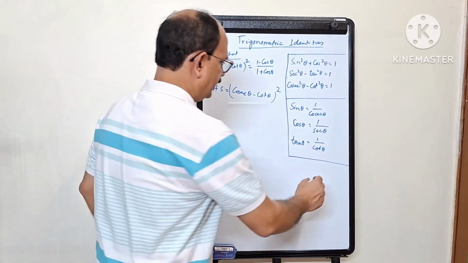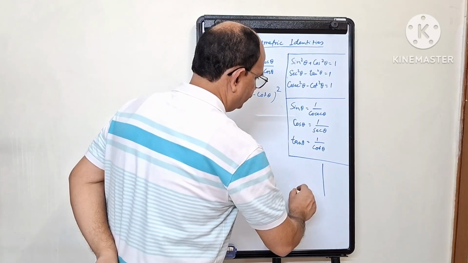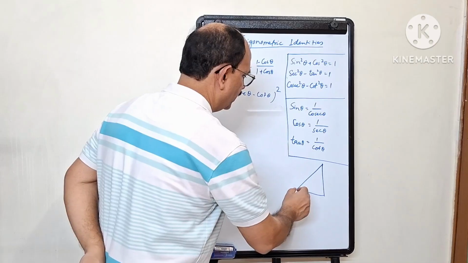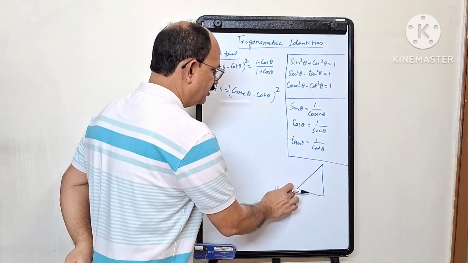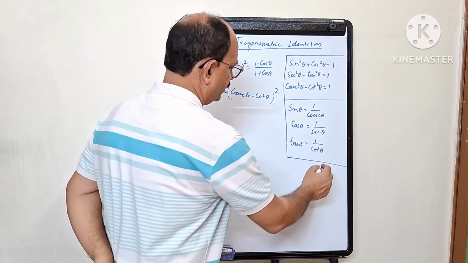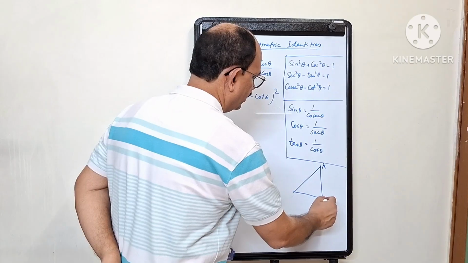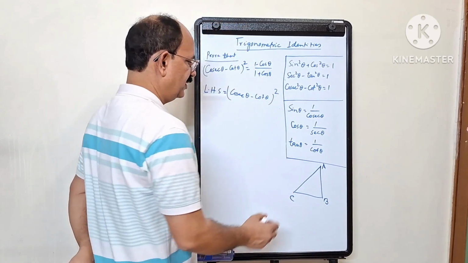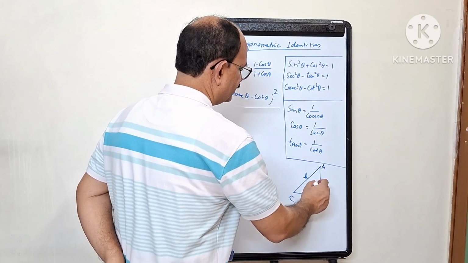So we know that any right angle triangle, by the way, all these trigonometric ratios are defined with respect to a right angle triangle. So suppose there is a right angle triangle ABC. So this is the hypotenuse.